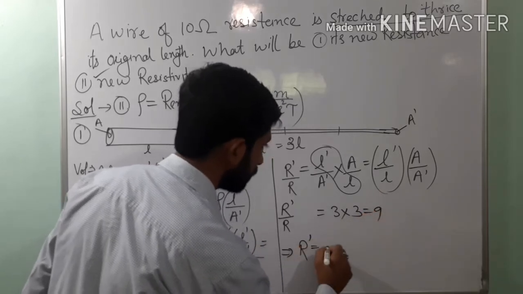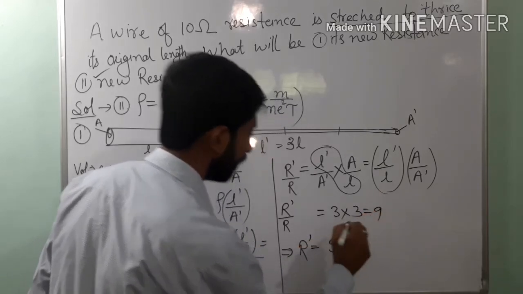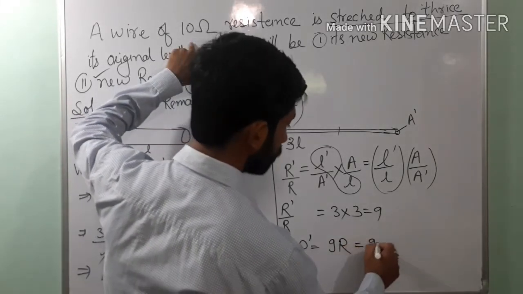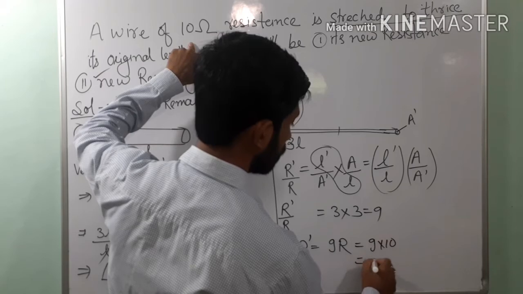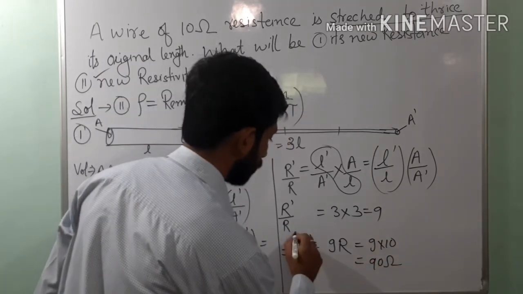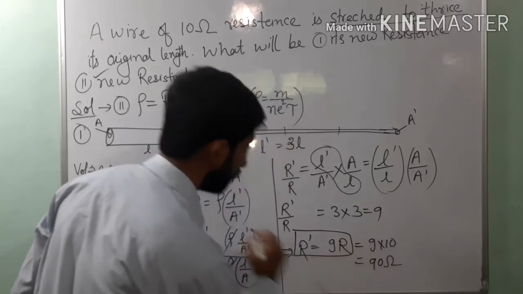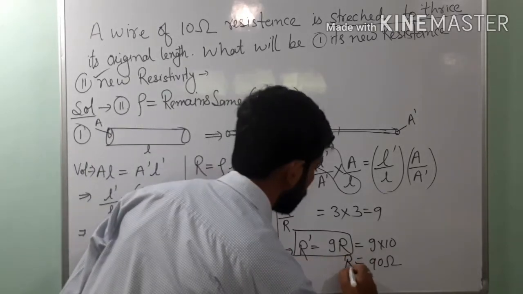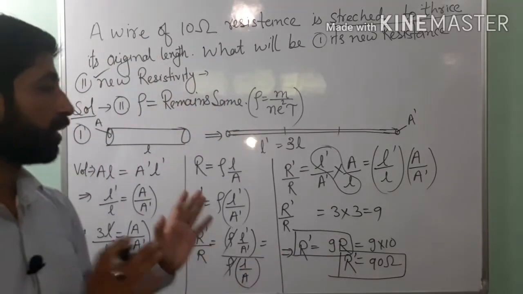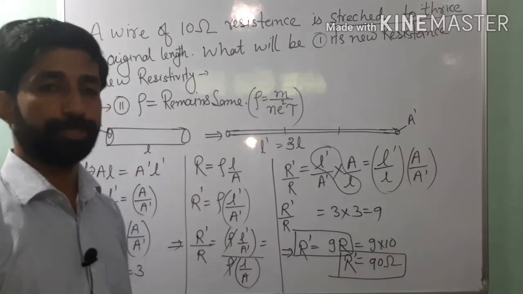So R dash is equal to 9 times of R. And the value of R is how much? That is 10 ohm. So 9 into 10 is equal to 90 ohm. Remember, this is very important. So new resistance R dash is equal to 90 ohm. This is one way of solving this sort of questions.